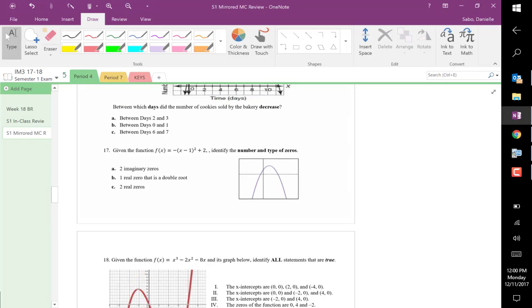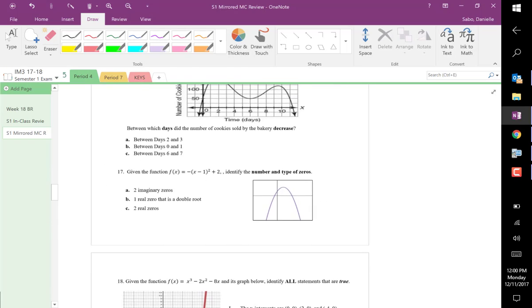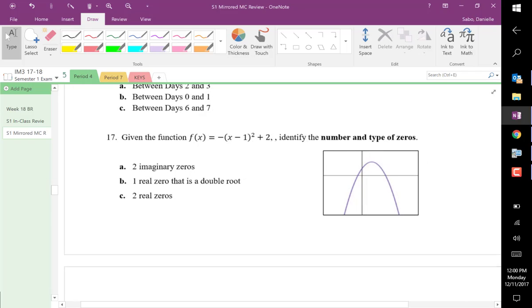Is that the only one? This one. Number 17. Go to that one, please. Because that one's very similar. Look at your choices. It says 2 imaginary. Does it never cross here? No, so it can't be A. Now look. Ask yourself, how many times does it cross? 1 and 2.